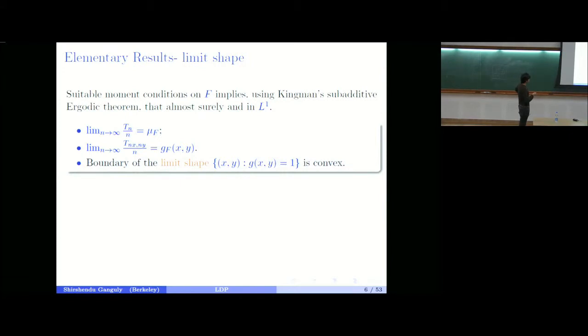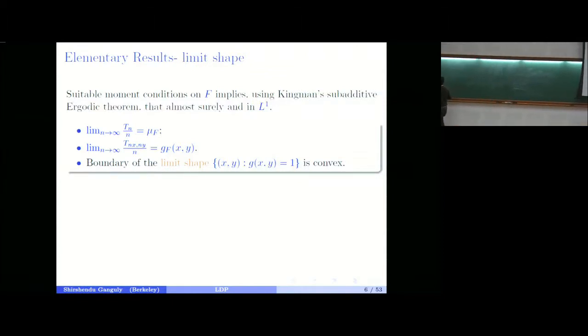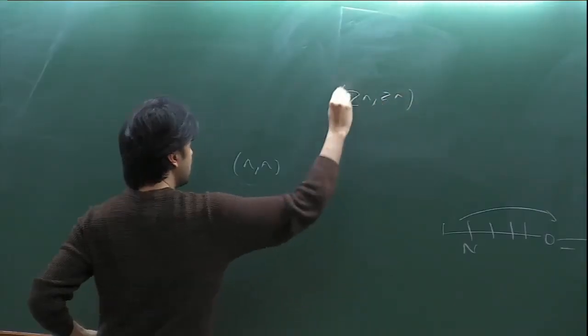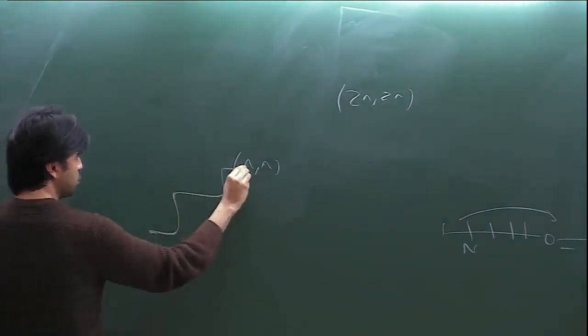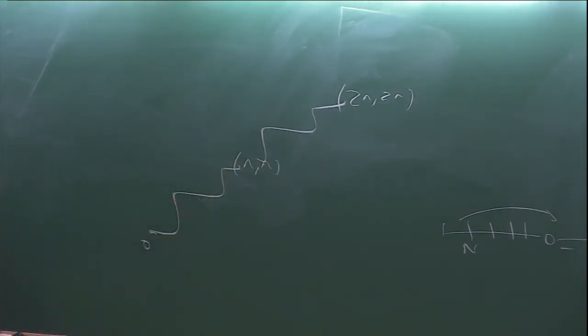This says that there is a limit, and you can look at the boundary of this limit shape, namely the set of all x, y such that the limit is exactly 1, using superadditive properties of the distance function. So if you go from 0 to n, n and also to 2n, 2n, and look at the path which goes through n, n, these two paths have the same distribution.